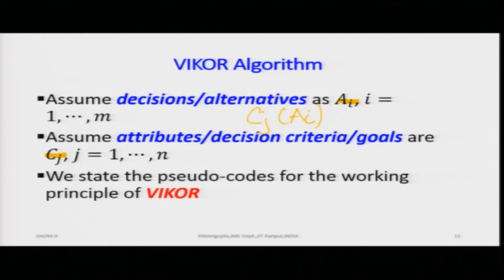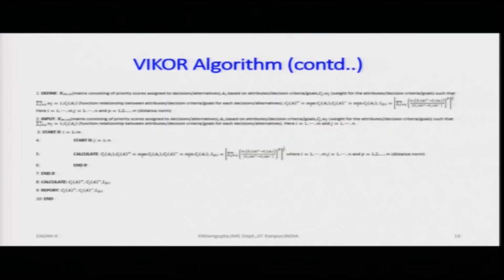We state the pseudocode for the working principle of the VIKOR method, and how it works we will state it very simply as we did for the Topsis method. Now, it looks complicated, it is not. You have to just assume the steps and we will basically utilize this accordingly.